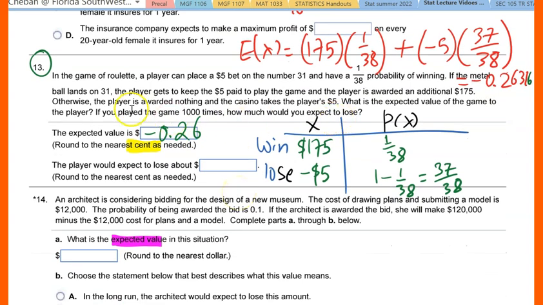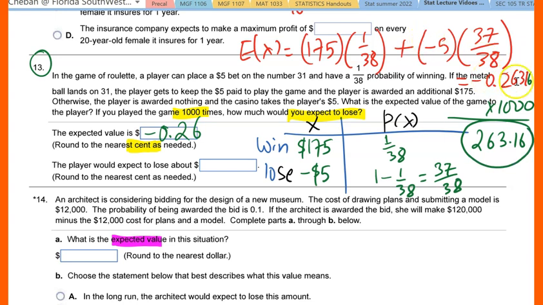And next question, if you played the game 1,000 times, how much would you expect to lose? Of course, the expected loss is 26 cents per game. Therefore, if you play 1,000 times, you multiply by 1,000. This number gives you 263.16. Therefore you multiply this expected value by 1,000.